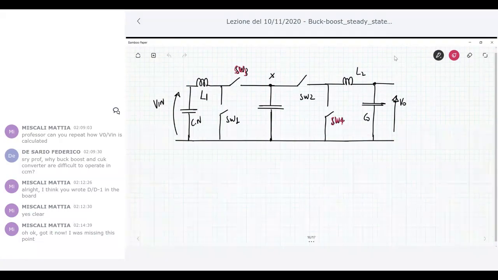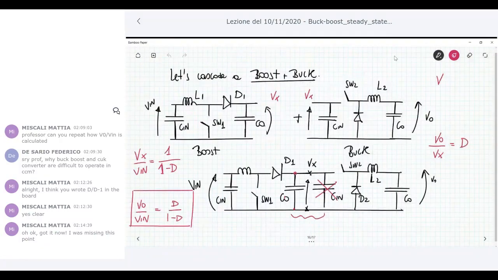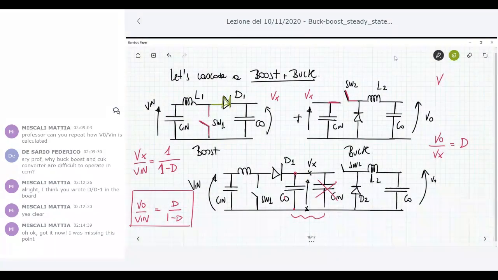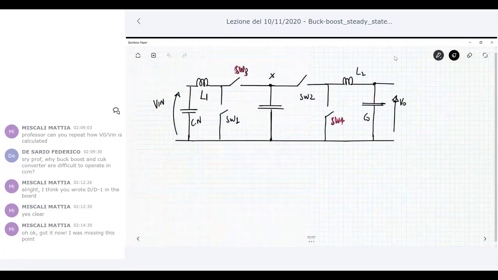Again, I have to command the circuits in a specific way. So, for example, when switch 1 is closed, then I have to close also switch 2. These two switches should be closed and opened simultaneously. The same for the diodes, which should be closed and open simultaneously. So the circuit that comes out has a driver.